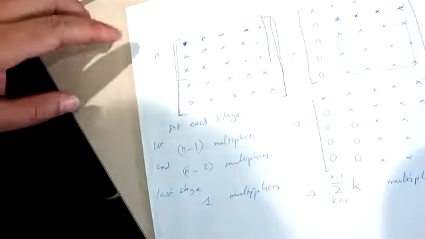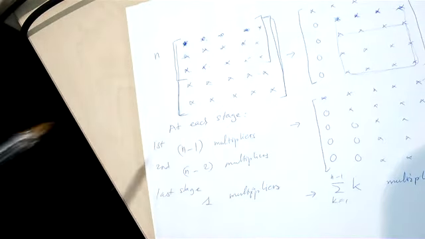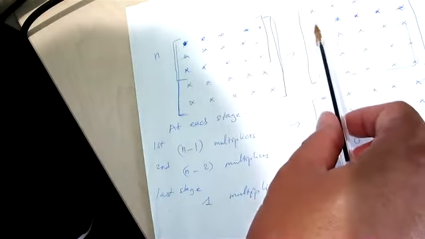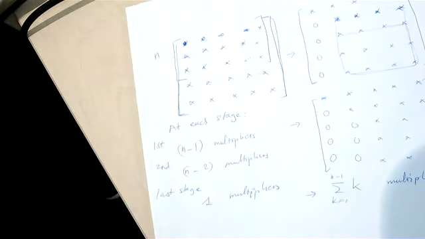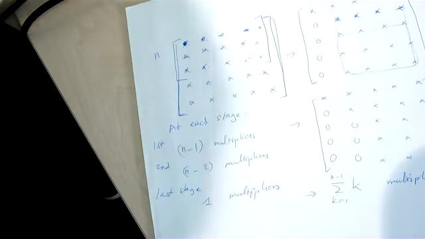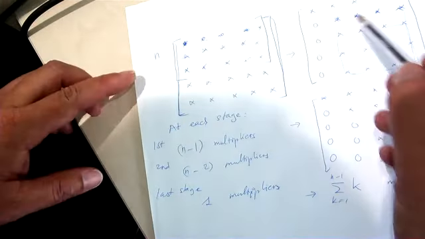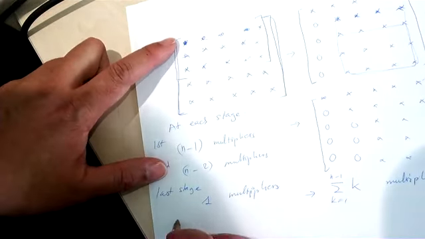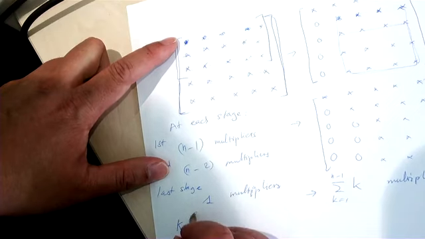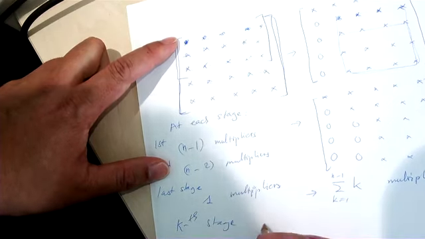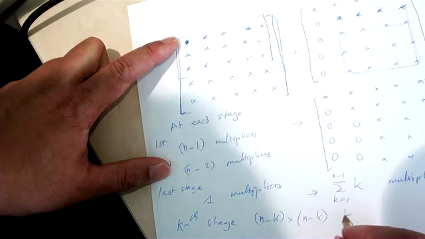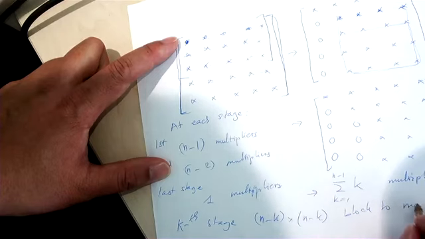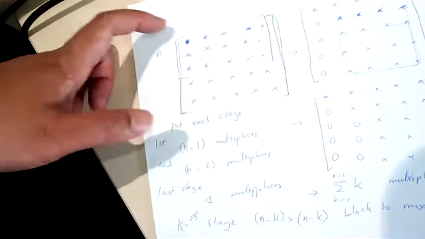So now at every stage I have to do some row operation, I make this one 0, then I have to modify those entries. So how many operations do I need? At stage k, I have an n minus k times n minus k block I need to modify.